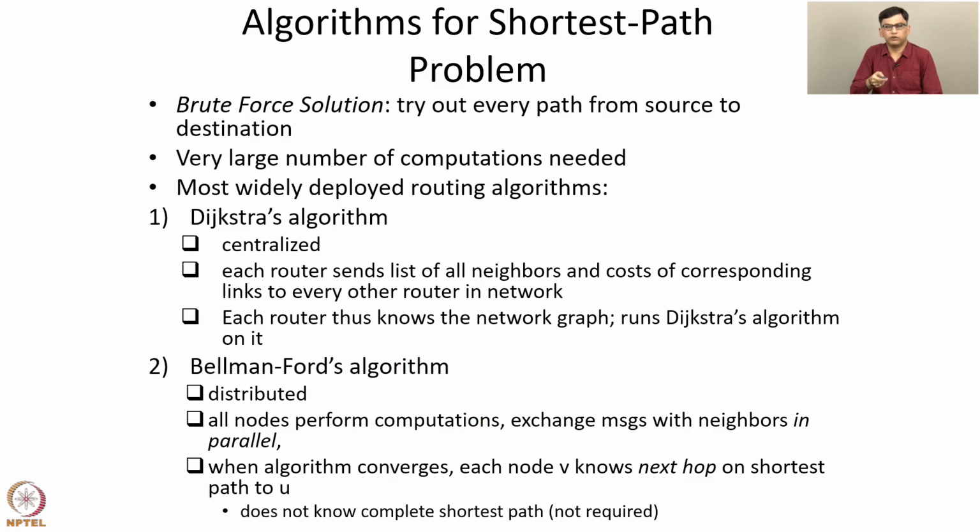Each node only needs to know which is the next hop towards a particular destination U. We won't discuss the details of these algorithms. You can refer to any networking textbook or algorithms textbook for a discussion of the details.